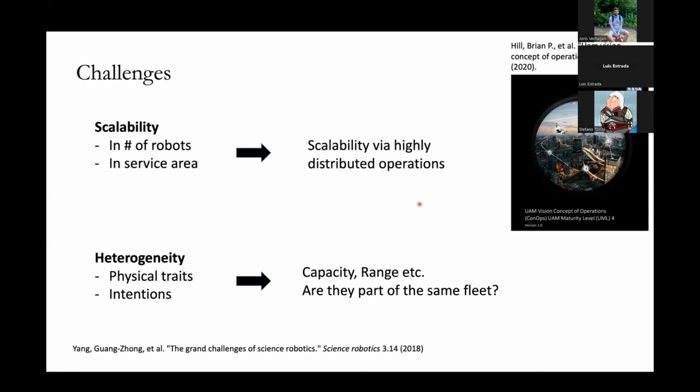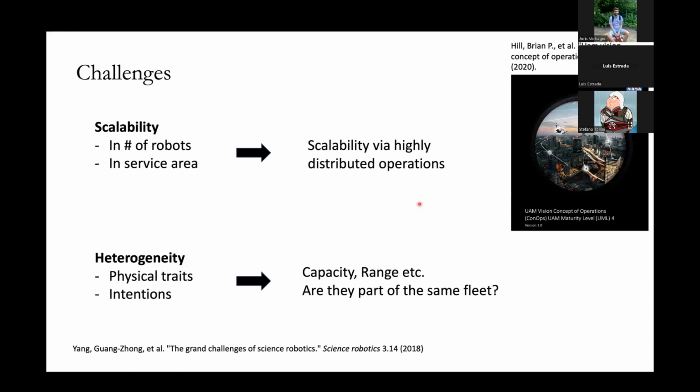The other thing is, we also want to expand the service area. For example, if the city of Stockholm decides we need to expand to another region, we should be able to deploy the same fleet without doing a lot of tweaking to the policies or coordination policies.